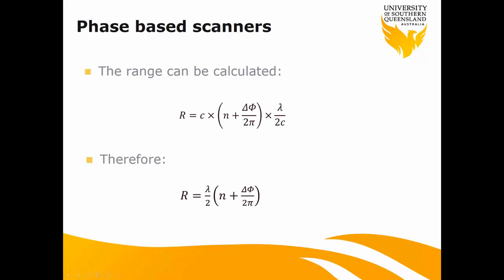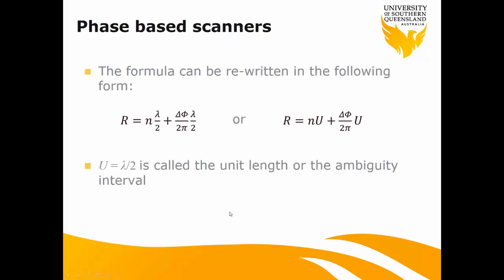We rewrite this formula and derive the formula like this from here. That means we can remove this C, then rearrange this to get this, and further rewrite the formula. We can represent it in this format.